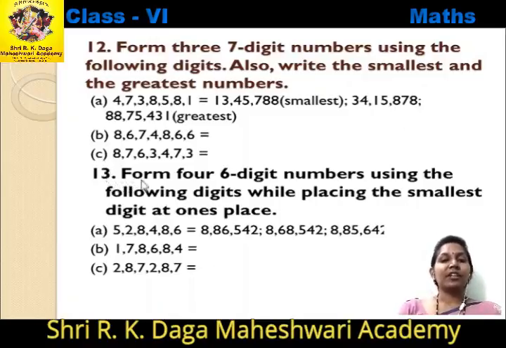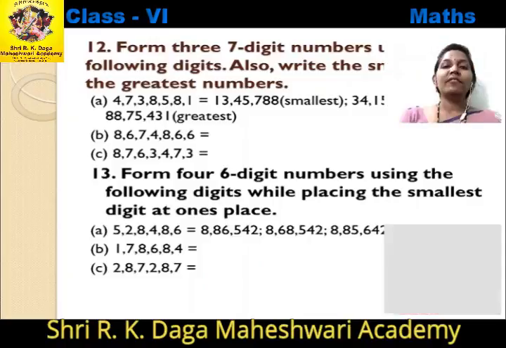In question number 13, form 4 6-digit numbers using the following digits while placing the smallest digit at ones place. In this question, there are 6 digits given and we will form 4 numbers using them. But one condition is also given, that is we have to place the smallest digit at ones place. That is, in each number we will write the smallest digit among these at units place.